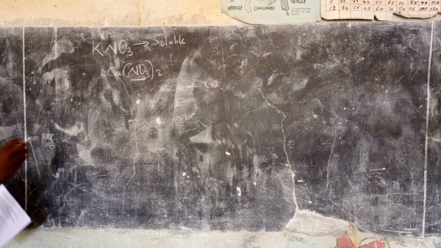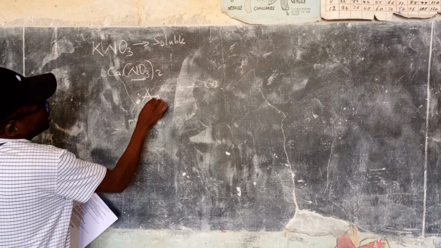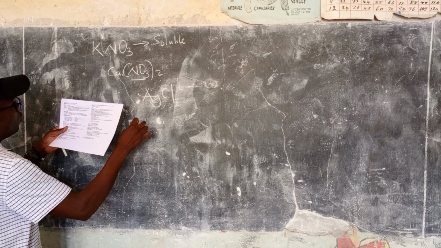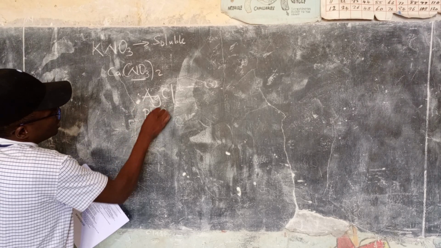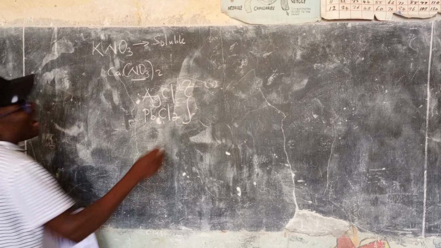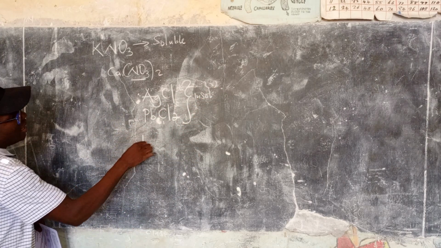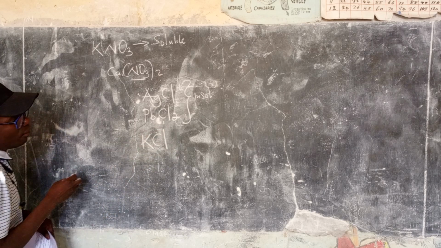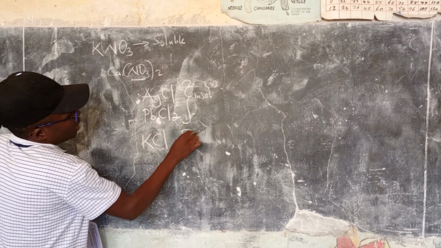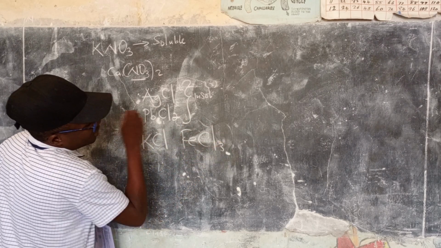Then we come to chlorides. All chlorides are soluble except silver chloride, AgCl, and also lead chloride, PbCl2. Are these soluble or insoluble? Insoluble. But what if I say KCl, then also FeCl3?